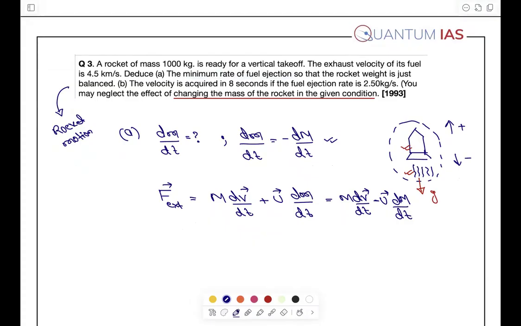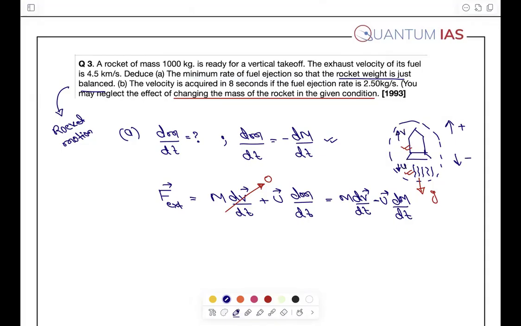Now the first question is asking for the minimum rate of fuel ejection so that the rocket is just balanced. For just balance, that means it has not gained any forward speed yet. It is just going to uplift. So this dv by dt will become 0. Understand that u is downward, the exhaust speed is downward, and v is upward.